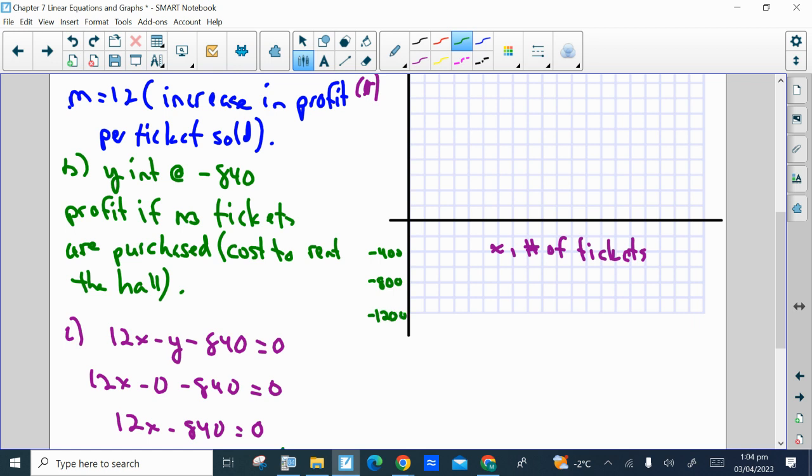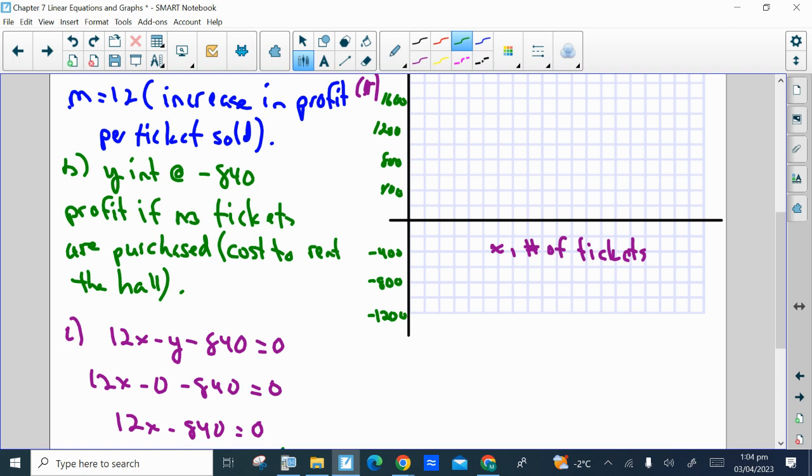So I use a scale of 200. The first line above the x-axis is 200, then 400, 600, 800, 1,000, 1,200, 1,400, then 1,600.